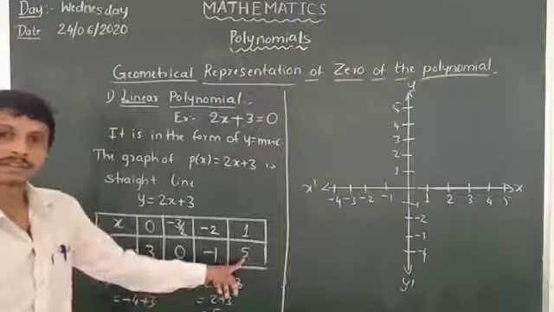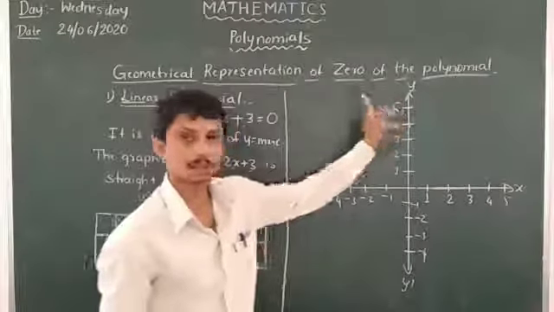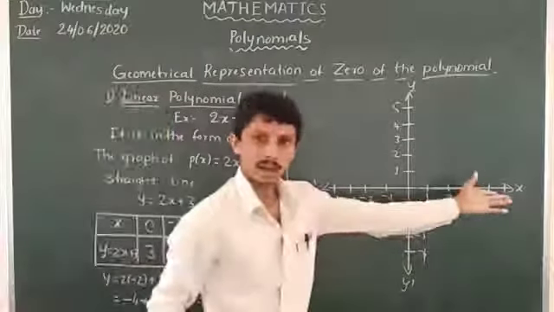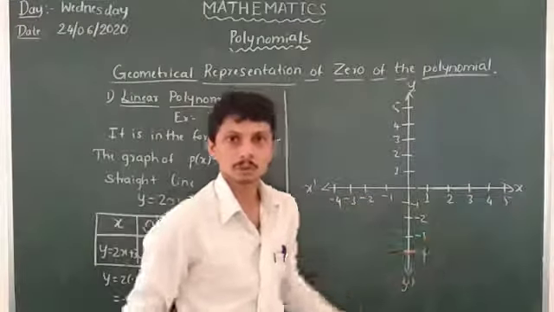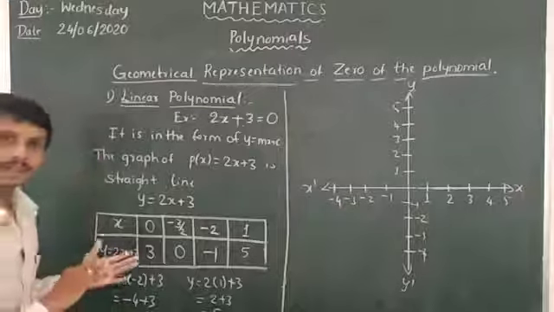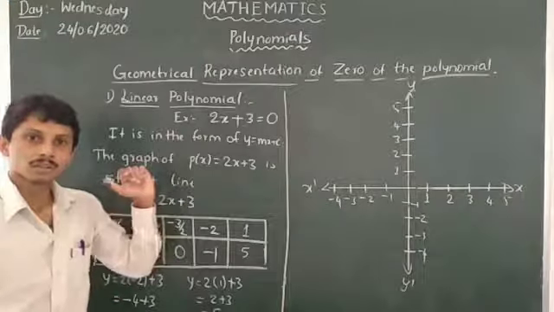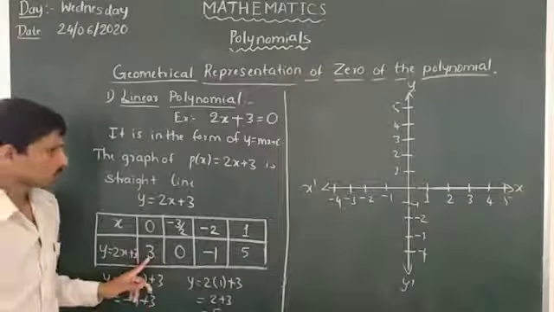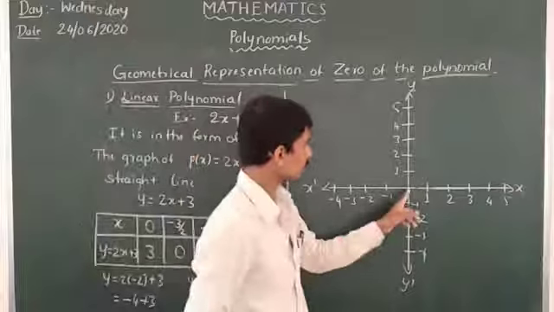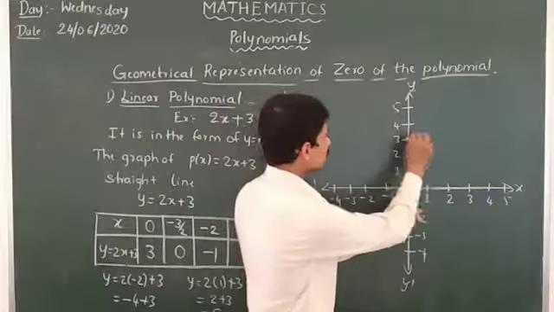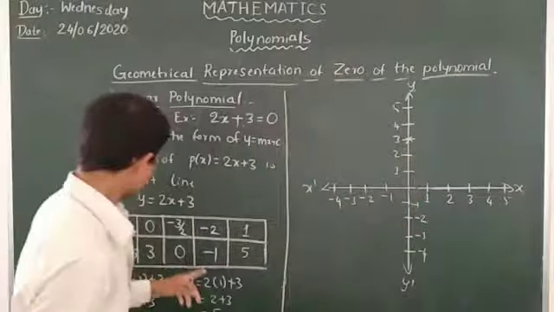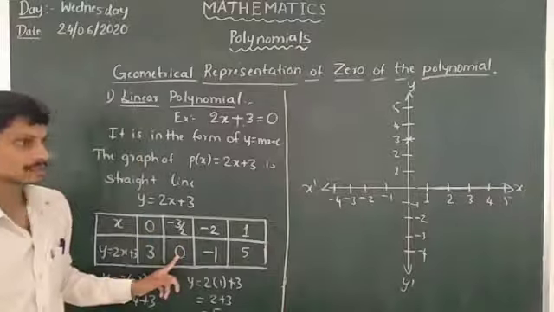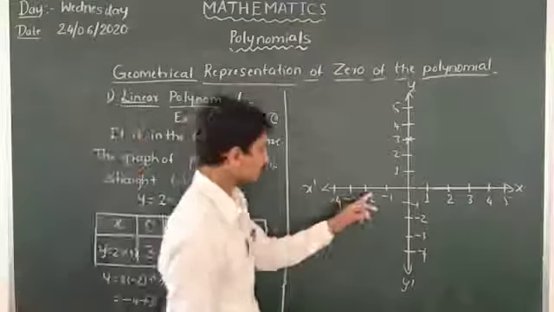The y coordinate has a maximum number 5, so I take up to 5 here. So we are taking these coordinates into the graph. Let us check 0 and 3: x coordinate is 0 and y coordinate is 3, so the point is here. Then x coordinate is -3 by 2, that is -1.5, and y coordinate is 0.